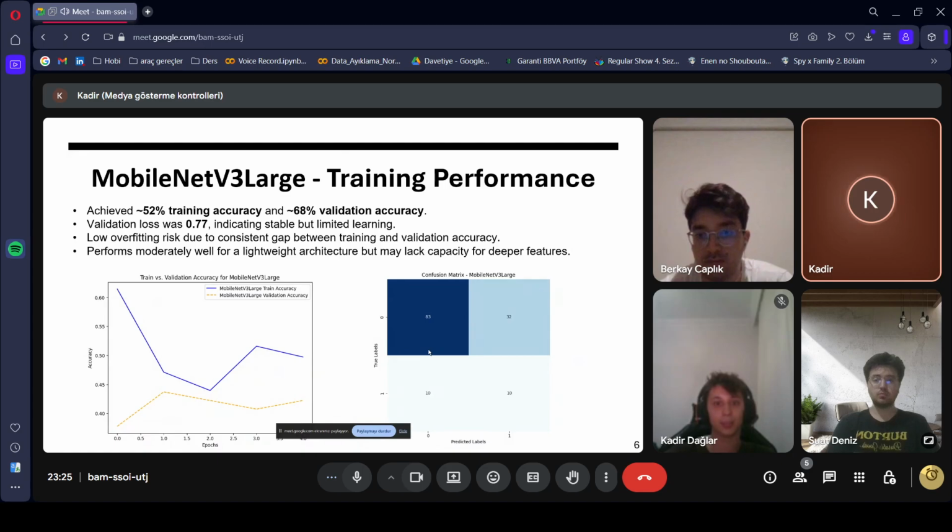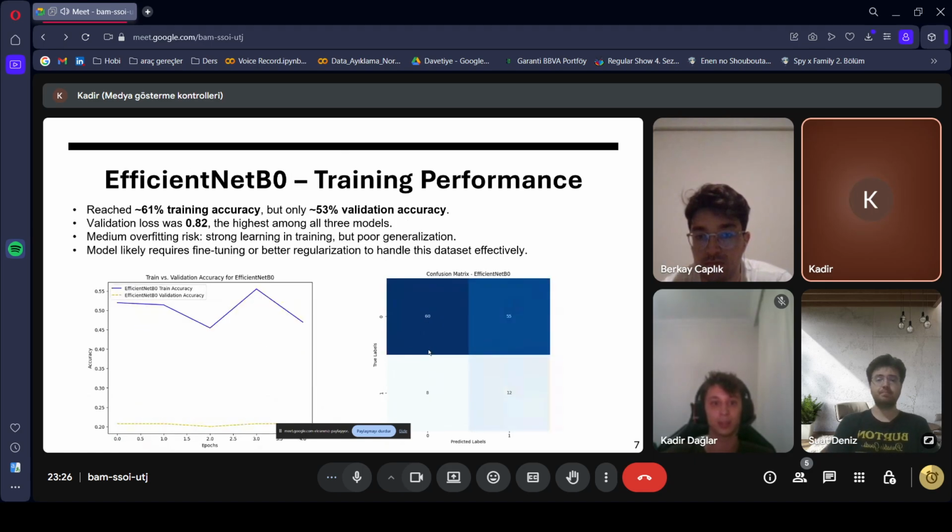While not the top performer, MobileNet V3 Large showed low overfitting risk and acceptable generalization, making it a solid baseline for comparison. However, the accuracy plateau suggests limited learning capacity for more complex biomedical features. Further tuning or deeper variants might improve its potential.